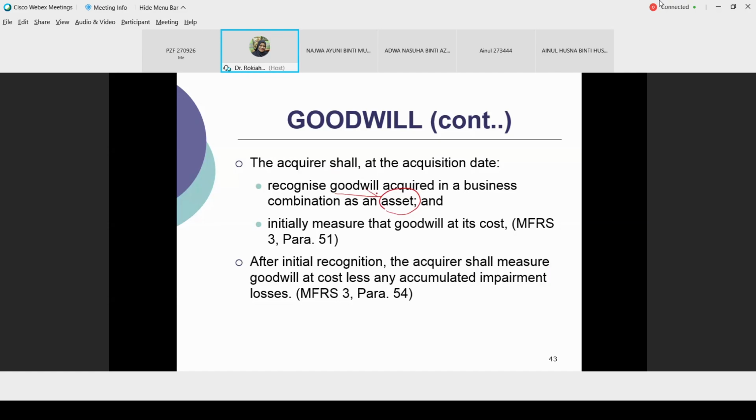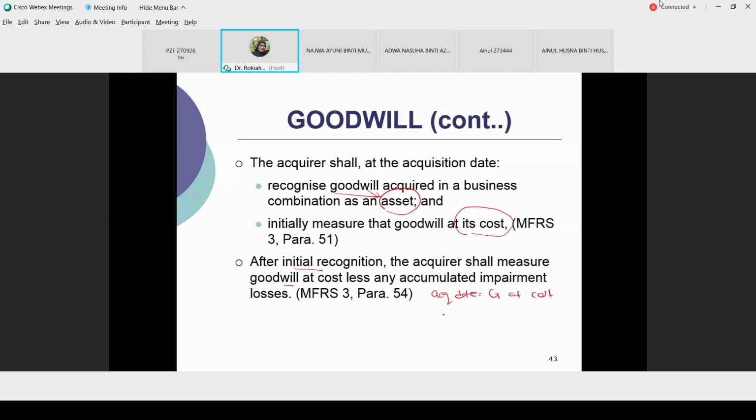The goodwill becomes an asset, and it will be recorded at cost. After the initial recognition, the acquirer shall measure goodwill at cost less any accumulated impairment, because there is no accumulated amortization for goodwill. So at the acquisition date, the goodwill should be measured at cost.